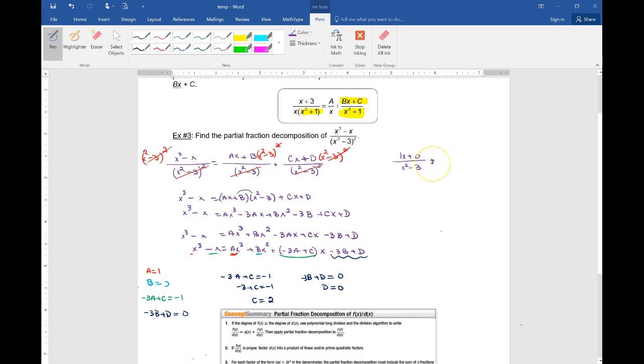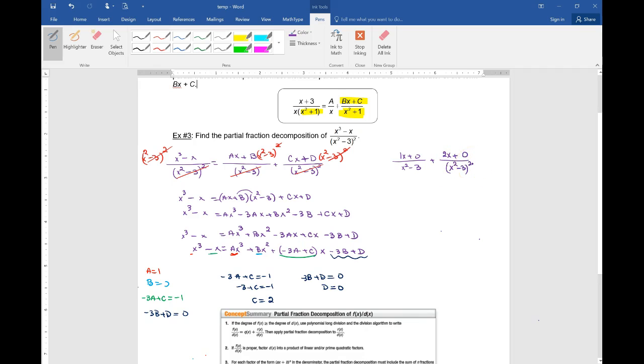And so you have an ax plus b here, right? What's a? 1. And b? 0. Okay, so 1x plus 0 plus, what's my c? 2x plus d is 0 over x squared minus 3 squared.